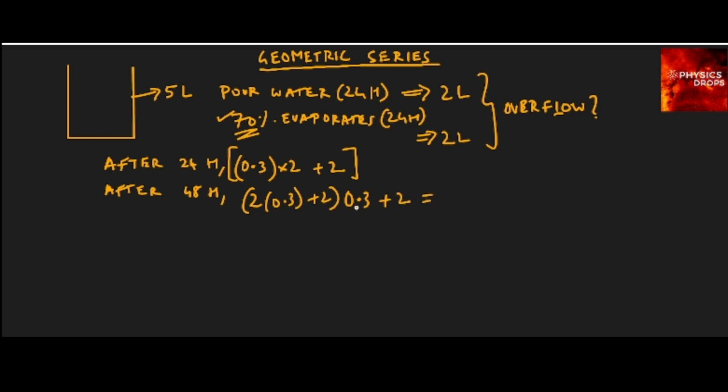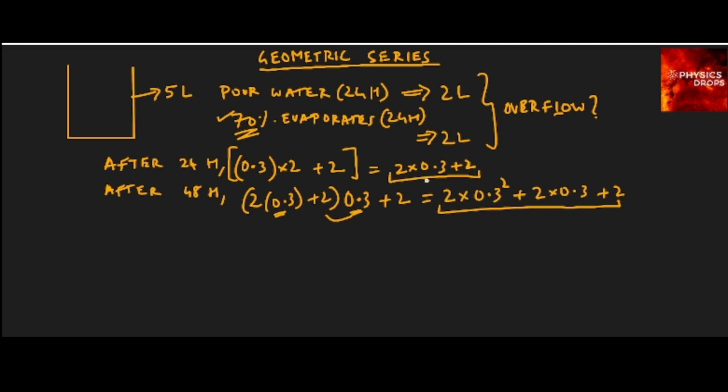Now let's simplify or evaluate this a bit. This becomes 2 times 0.3 square, because there's a 0.3 here and a 0.3 here. I'm expanding that, plus 2 times 0.3 plus 2. Now this is the term I get. This initial term was 2 times 0.3 plus 2. So let's mark this.